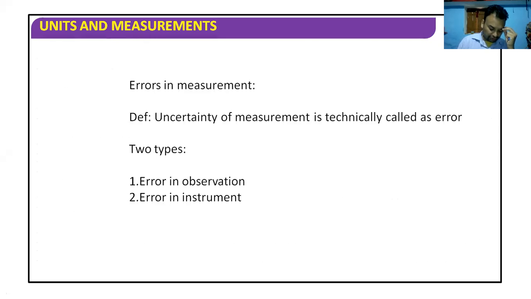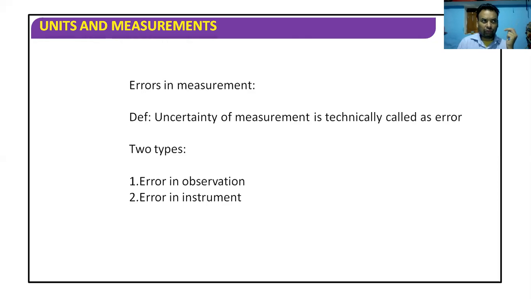So when we are observing or measuring any length, any mass, any time, it is not certain that our measurement will be exactly equal to the true value. We are near about the true value in terms of accuracy and precision, but we are not getting exactly the true value.